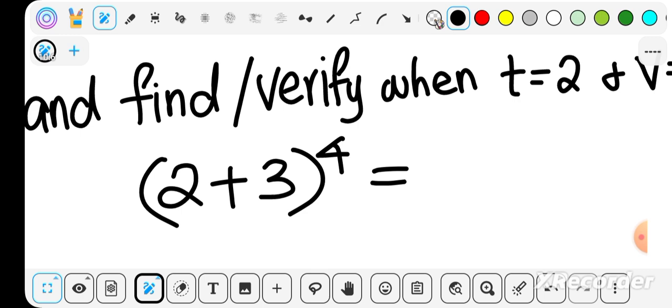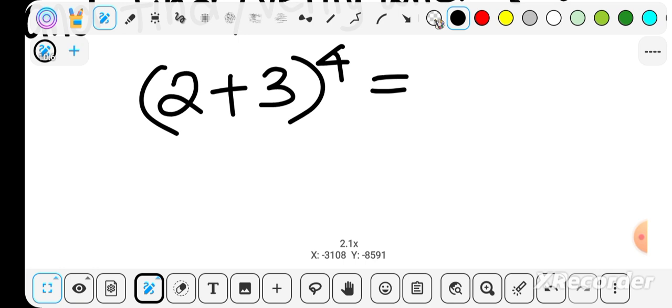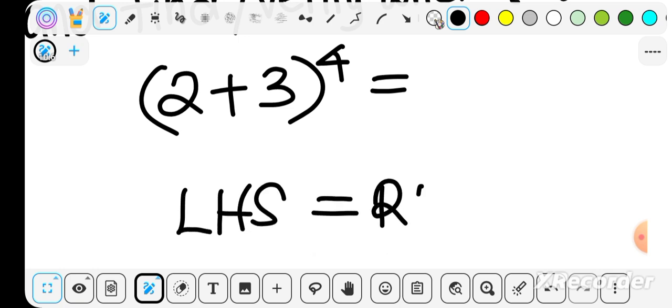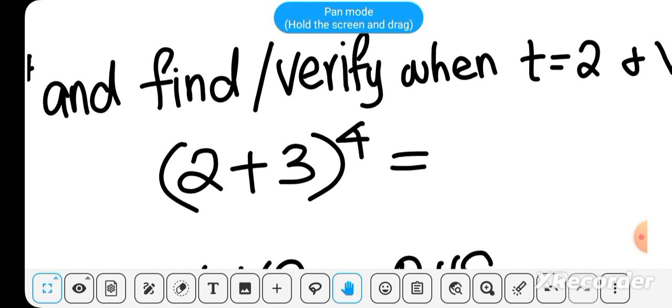So just plug in the values to that as well and show that left hand side is equal to RHS, meaning right hand side. So this is the question for you.